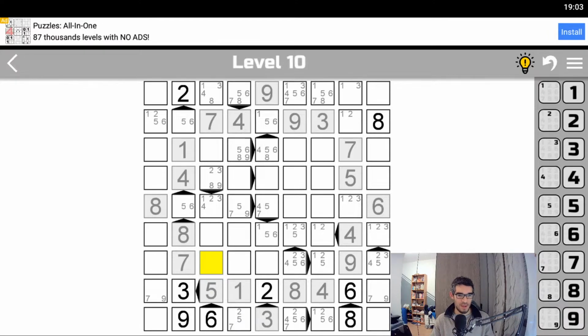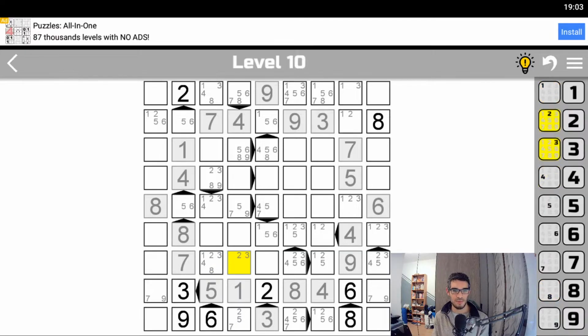So let's go for the inner part of this square. I think that this square is going to be pretty useful. Also the ones, I think the ones should help me. So 1, 2, 3, 4, 5, 6, 7, and 8, right? Because the other numbers are written down.